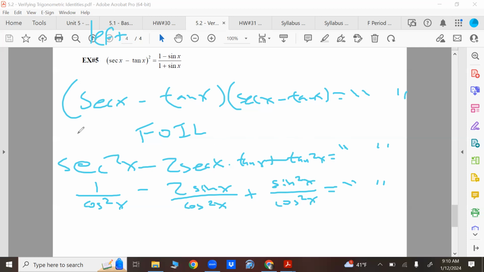Tangent is sine over cosine. So that's how I get all that right there.